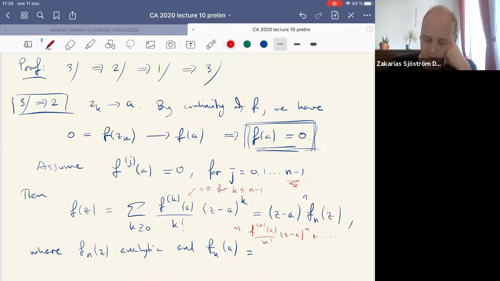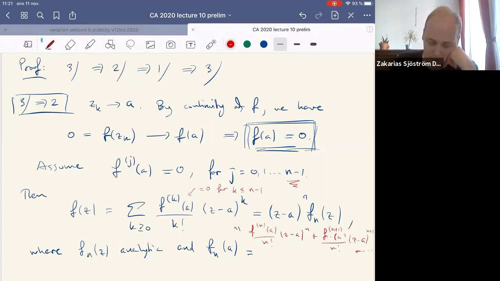Yes. And so then when I factor out this (z minus a) to the n, and I write f_n for what is left, the leading term of f_n will just be this f^(n) of a over n factorial. So when I plug in, all of the terms here will be higher order terms, so this will be f^(n+1) of a over n factorial times (z minus a) to the n plus 1, and so on.